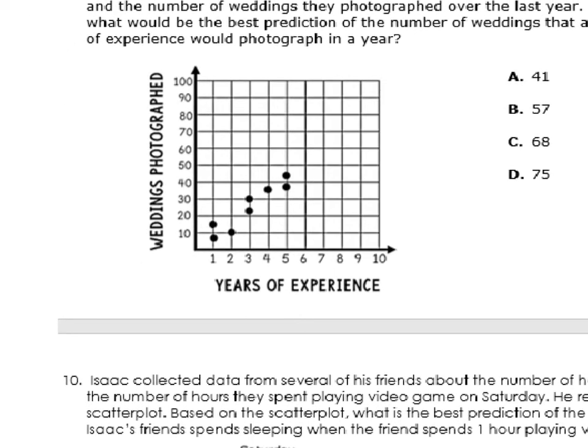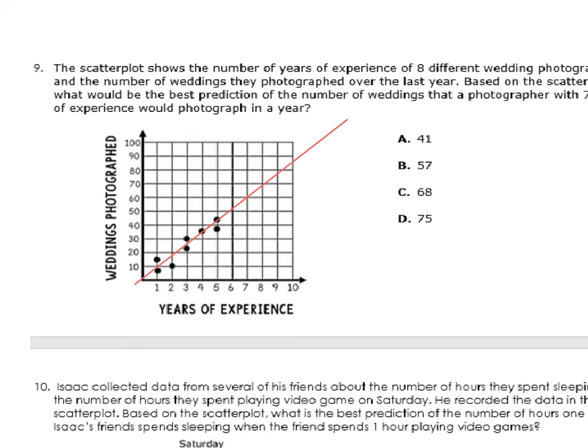So we're going to go ahead and draw our trend line. We can use our patty paper. And we want to make sure that we go all the way across, right? Extend past the graph. Make sure that we're going all the way from one end to the other end, so that way we have a trend line over the whole thing, no matter which question they ask us.